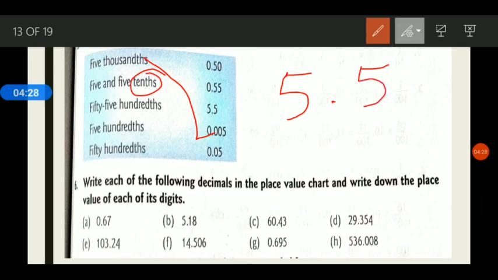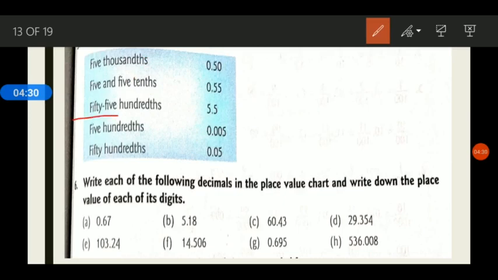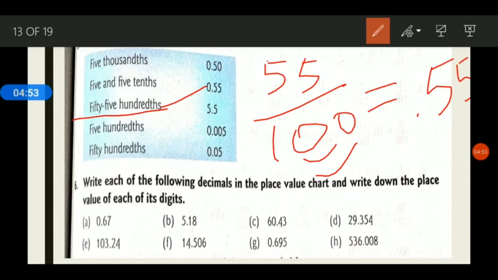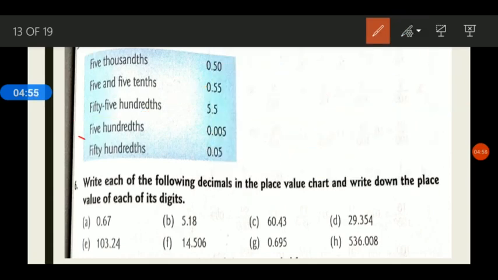Now next is 5500 upon 10000, that is 55 upon 100. Now you have to put the decimal point before 2 digits because in the denominator 100 is given. So in the numerator there are already 2 digits, so you put point before 55. So this will be matched with this one, 0.55.